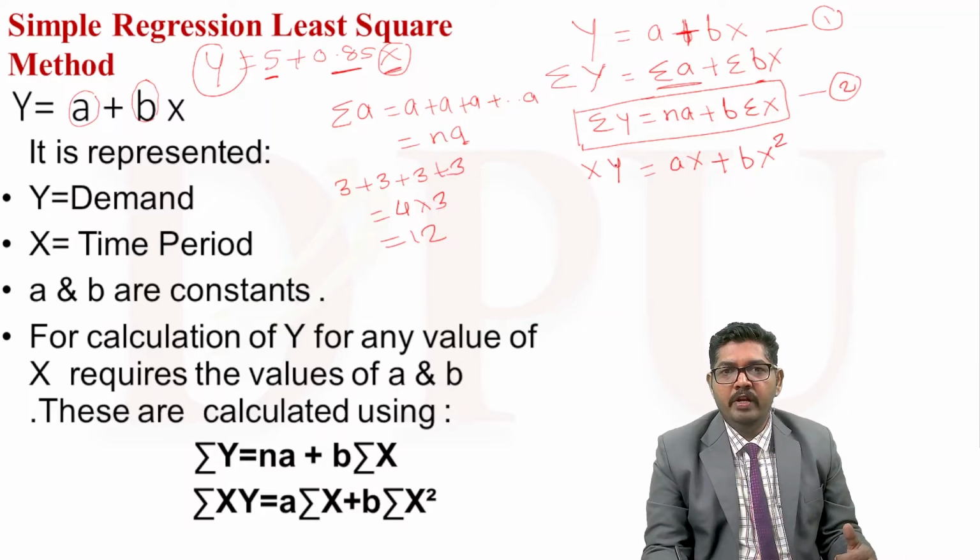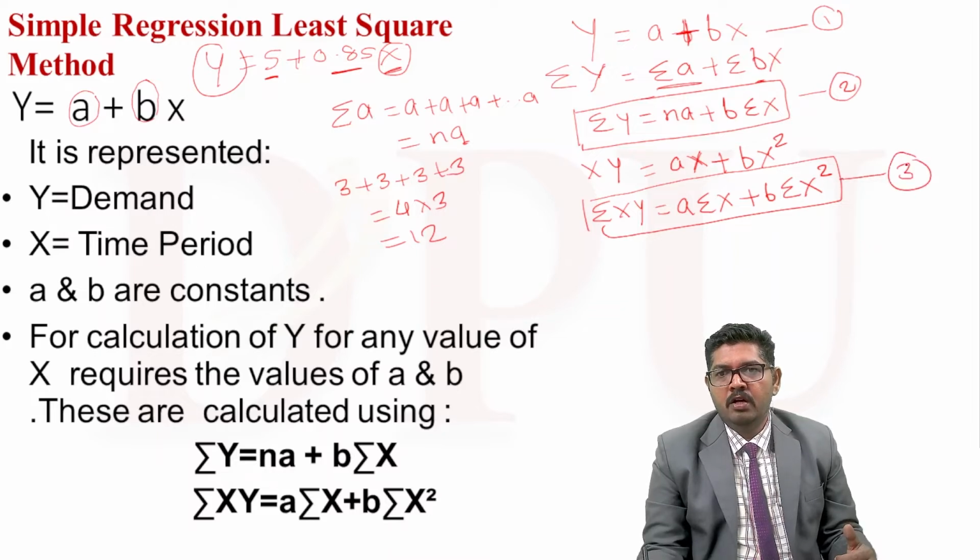And now again we will take summation on both sides. So we will have summation of xy is equal to, now this is ax actually, so a will be out. This will be a summation of x plus b will be out of summation, then this will be b summation of x square. Now this is our equation 3.